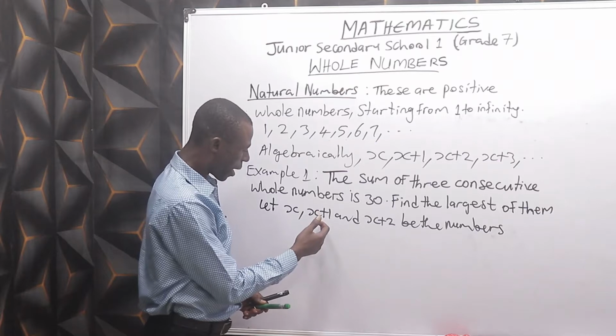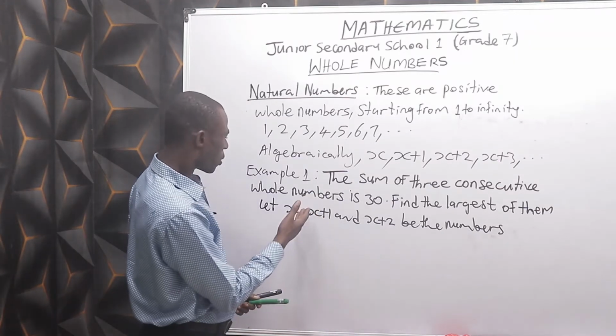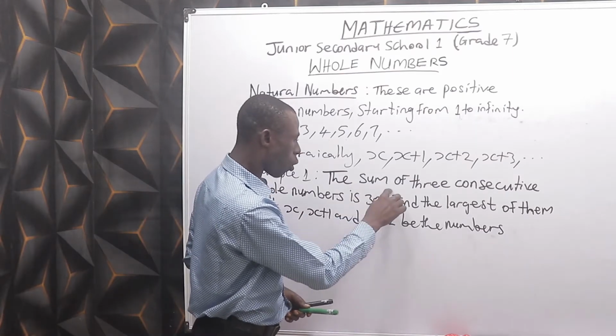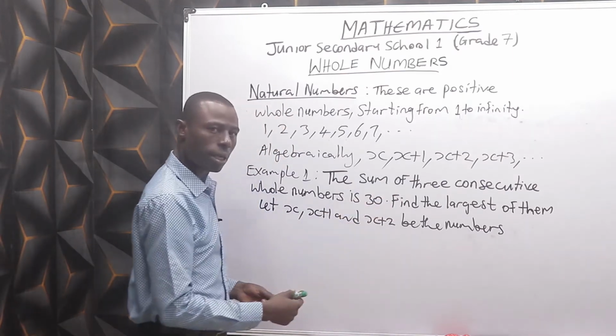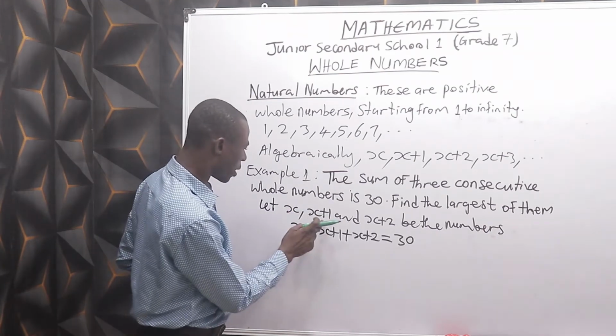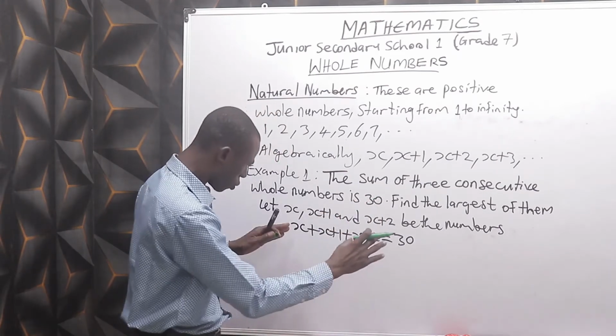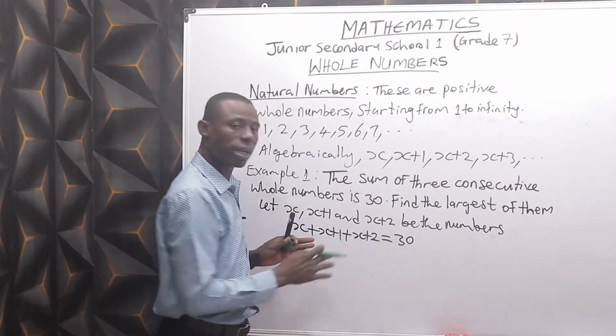Let x, x plus 1, and x plus 2 represent them. And we are told that their sum is 30. Practically, from what we formed, the sum of the 3 numbers, x, x plus 1, and x plus 2, the sum of the 3 of them is said to be 30.